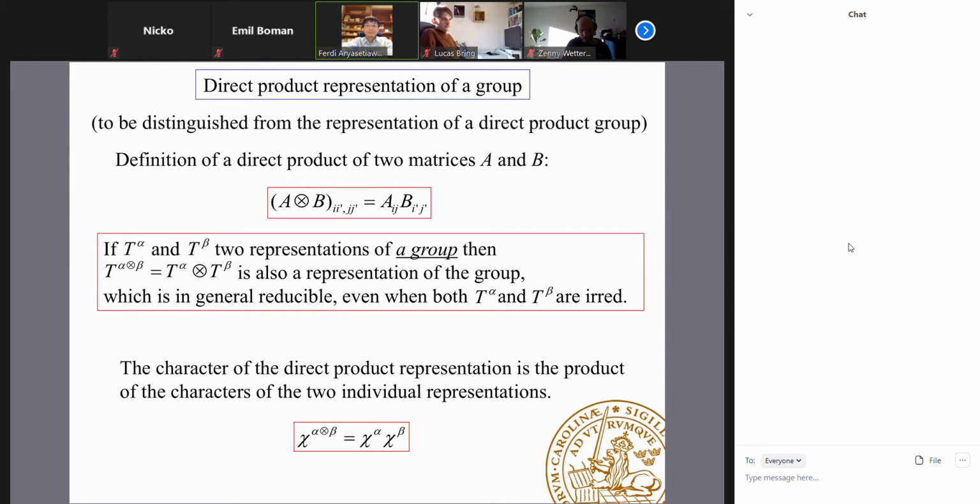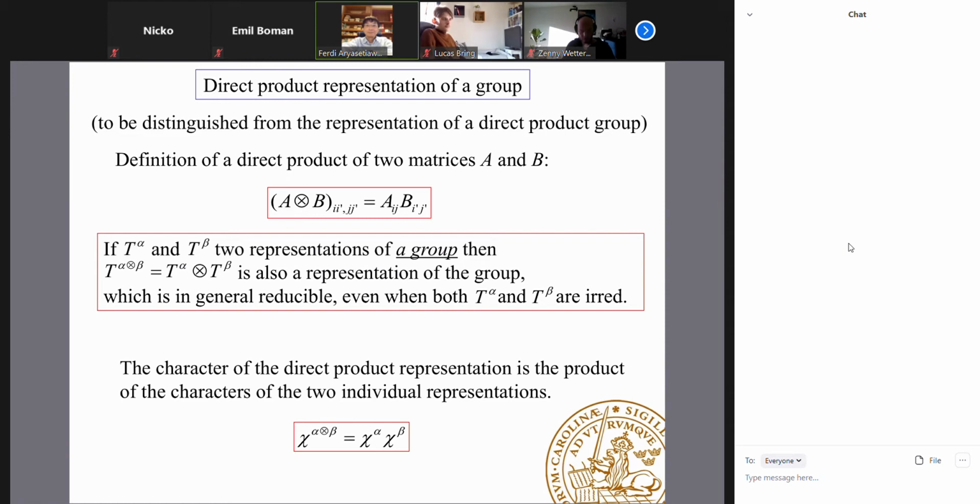We had two different groups and formed a direct product of the two groups, and then we had a representation of this direct product group. The irreducible representation of this direct product group is quite simple because we can just form a direct product of the individual irreducible representations of the individual groups.